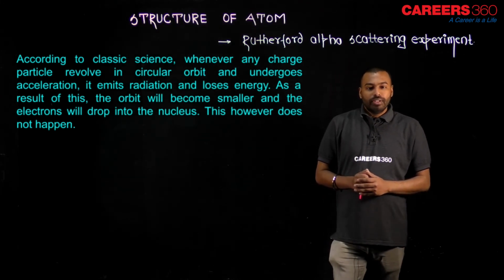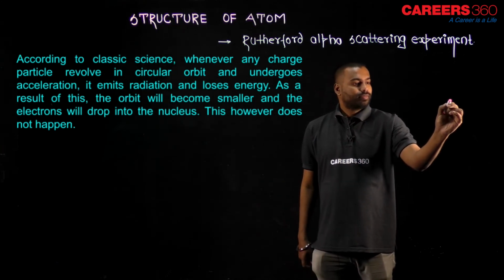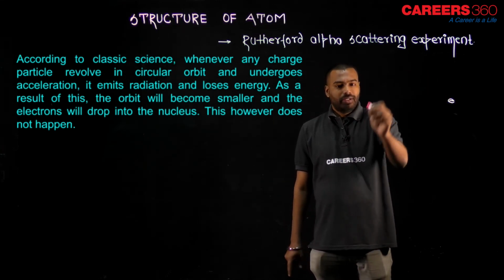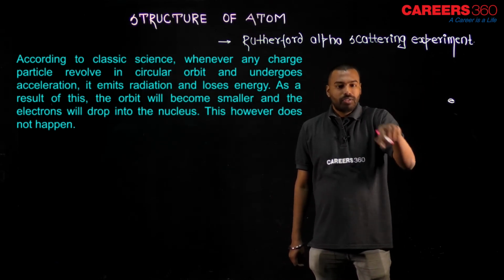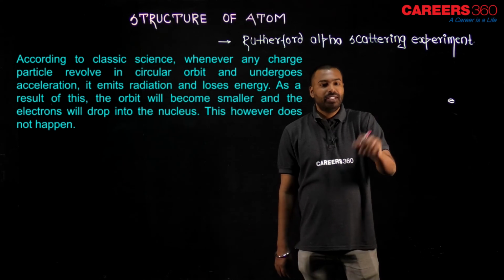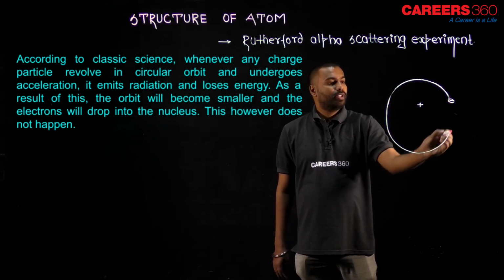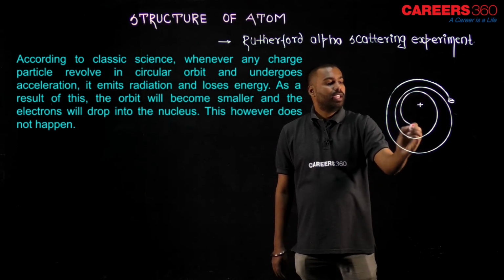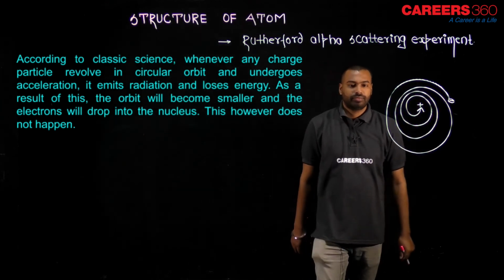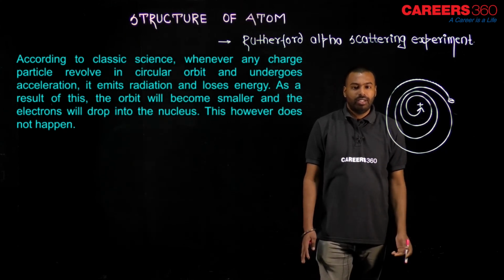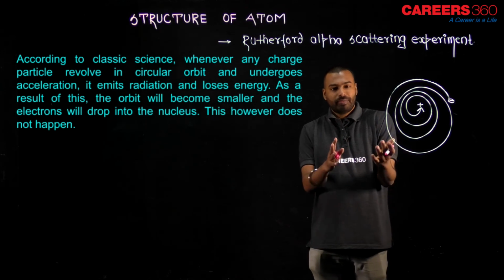Now if we apply that theory here, the electron is moving, so when the electron moves, it will also radiate energy, and after some time, due to its rotation, it will fall inside and hit the nucleus. But that does not happen. So Maxwell's theory is not fitting here.